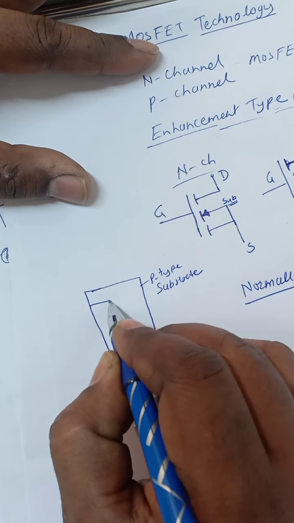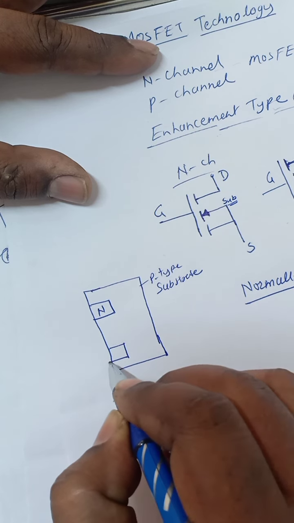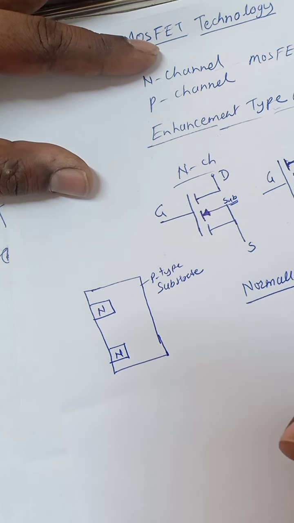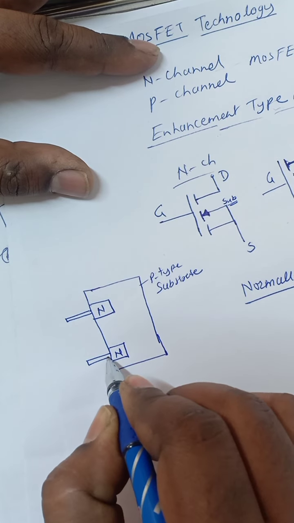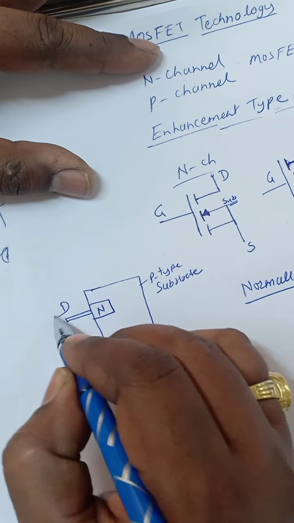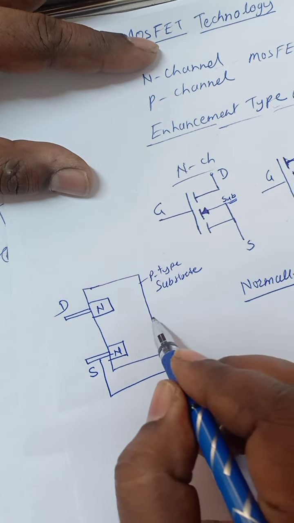So here, for N channel, heavily doped N regions are formed. The terminals connected to them are named drain and source. The source is connected to the substrate.